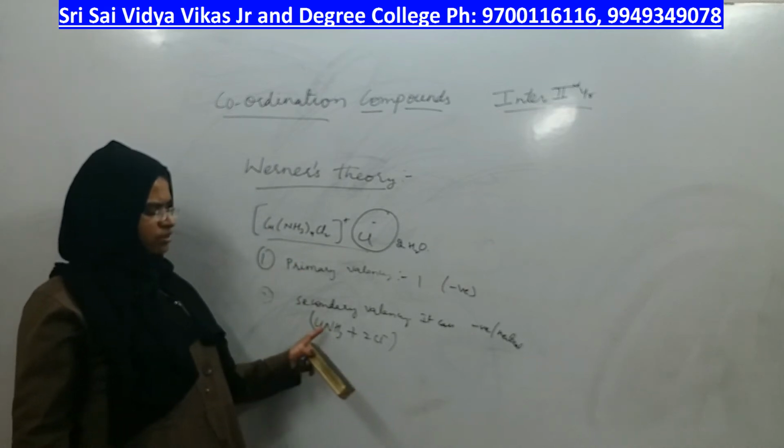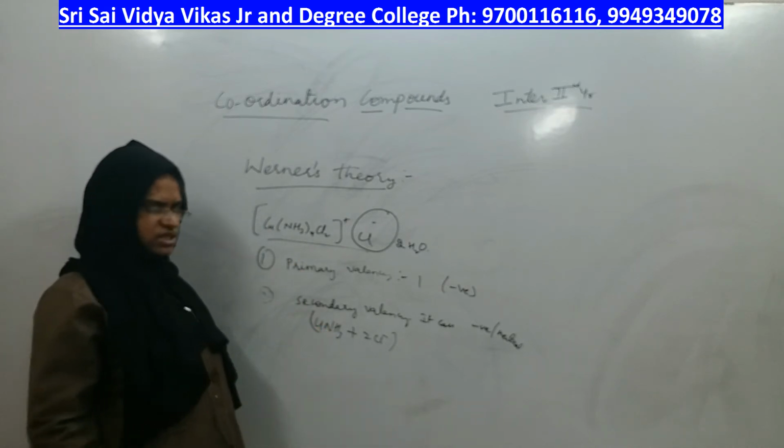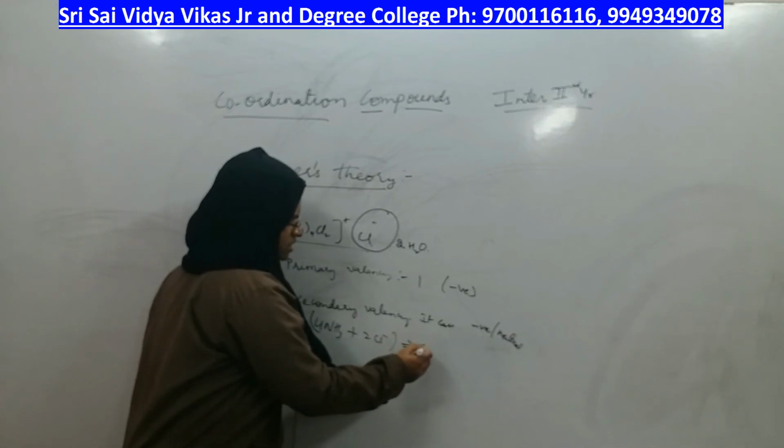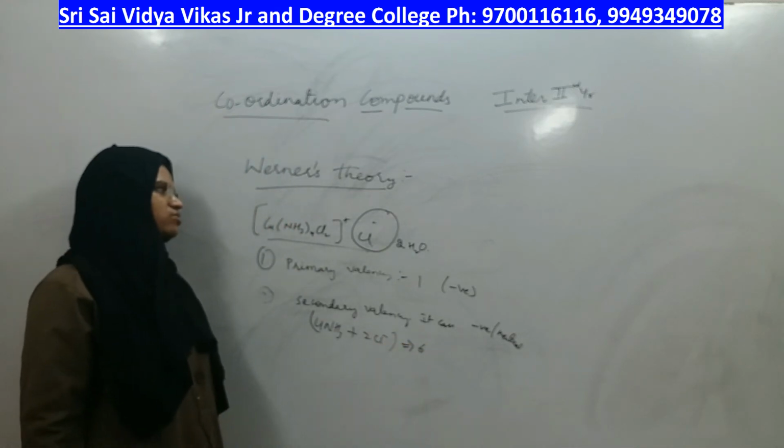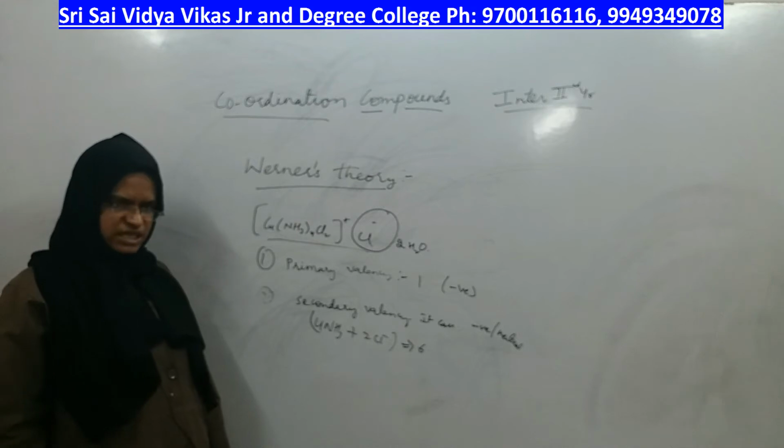Therefore, total how many groups are surrounding? 4 plus 2 is 6. The secondary valency of this coordination compound is 6, right.